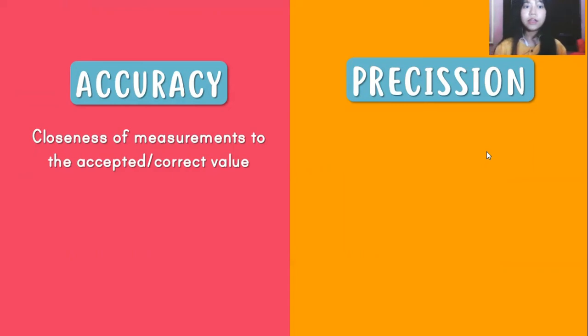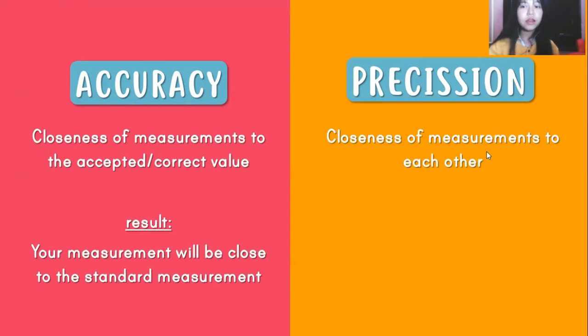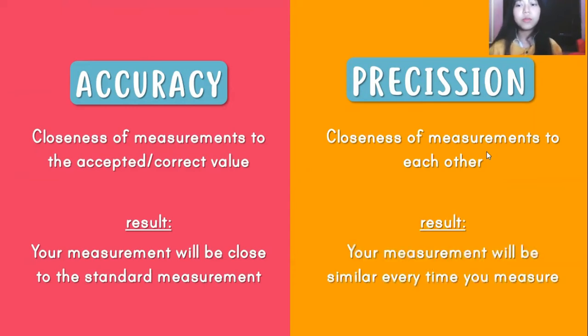And if you get a great accuracy, it will result in your measurement being close to the standard measurement. Now, how about precision? Precision is the closeness of measurements to each other. As the result, your measurement will be similar every time you measure.